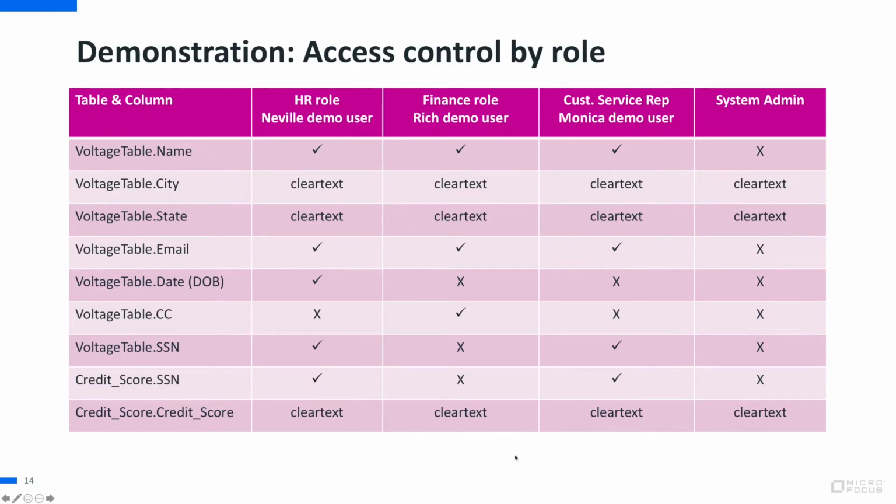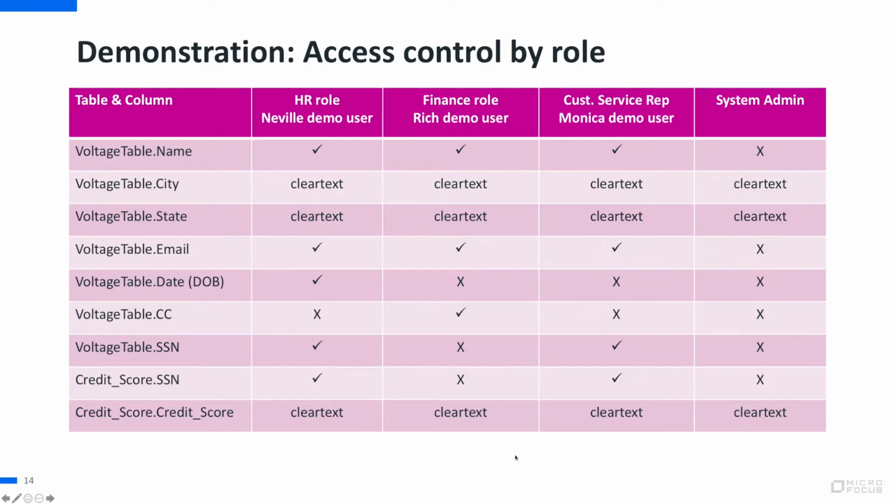So they are actually left in the clear. Email address, date of birth, we can see how those are protected and accessible to certain roles. Date of birth is something a little bit more sensitive, and only the HR role has access to that. The credit card number, for instance, is only available for someone in the finance role, and not HR or customer service reps.